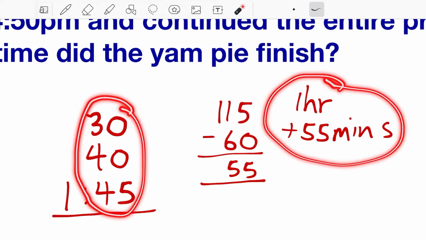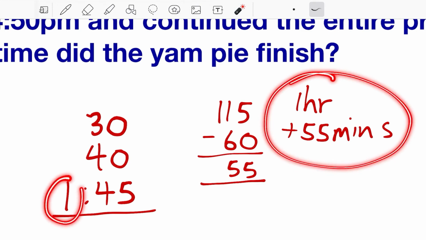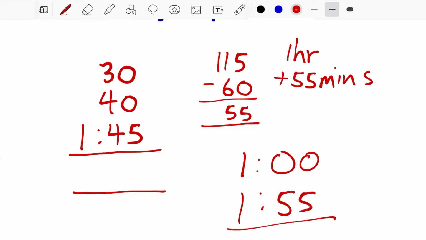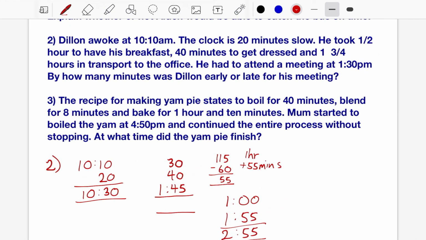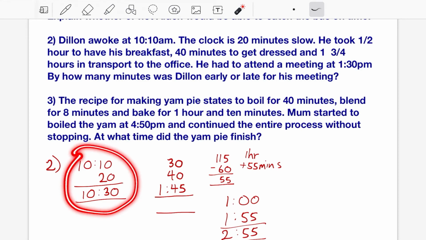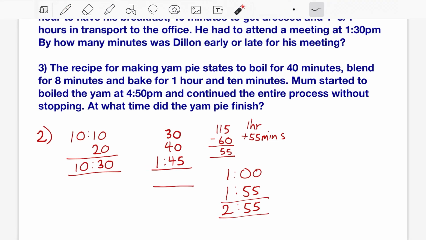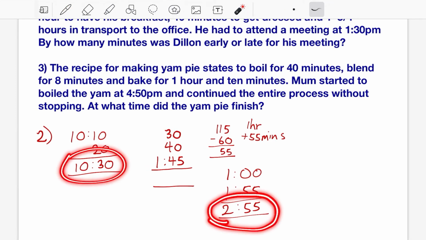So now we are going to add 1 hour and 55 minutes to this 1 hour here. So that's a total of 2 hours and 55 minutes. So we worked out that he actually woke up at 10:30. So let's add 2 hours and 55 minutes to 10:30.